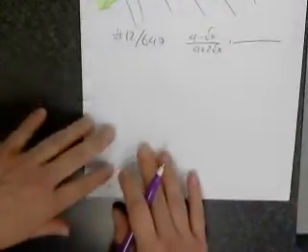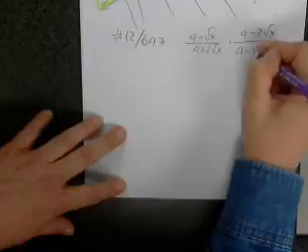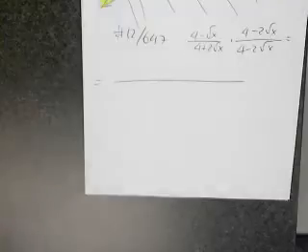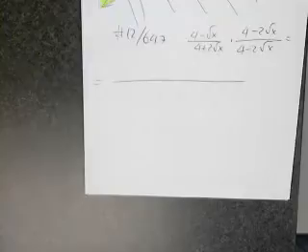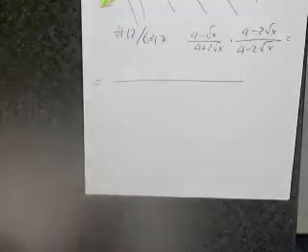What do I do? 4 minus 2 times the square root of x. Good. Indeed. Okay, what do I have?